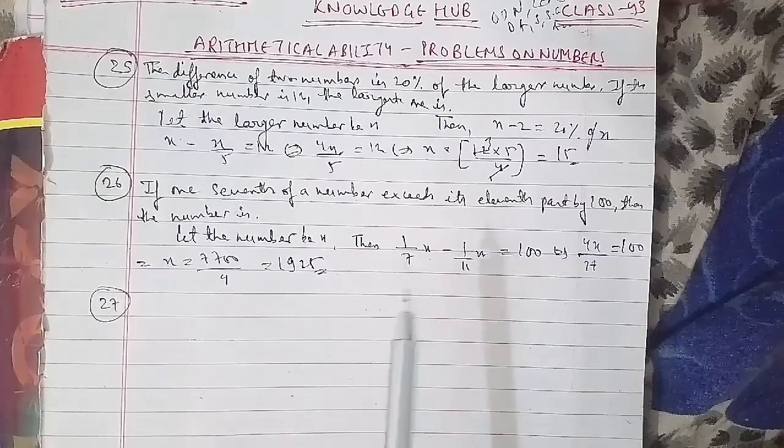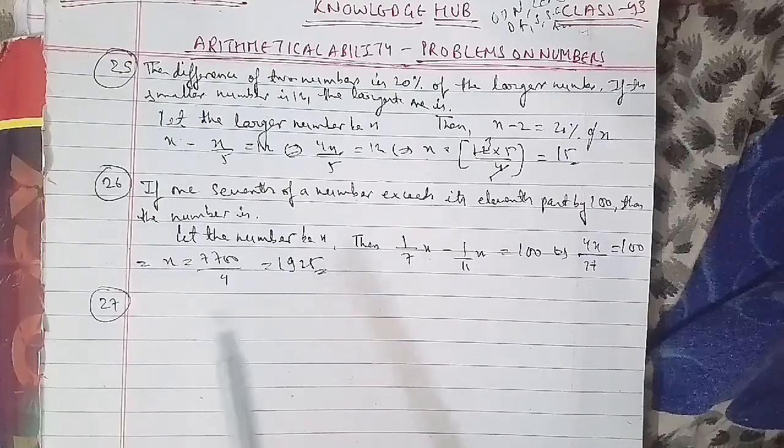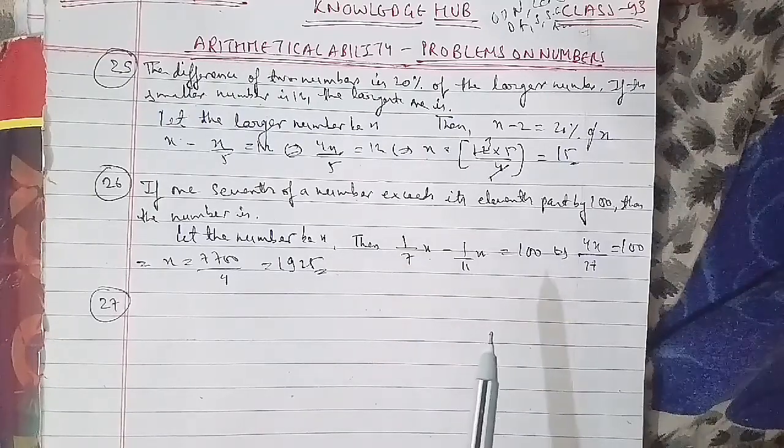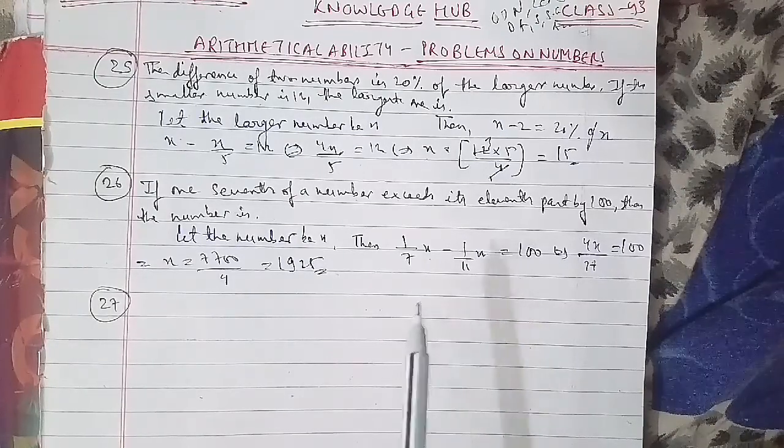Options we have are 15, 18, 20 and 30, and that is also an important one.